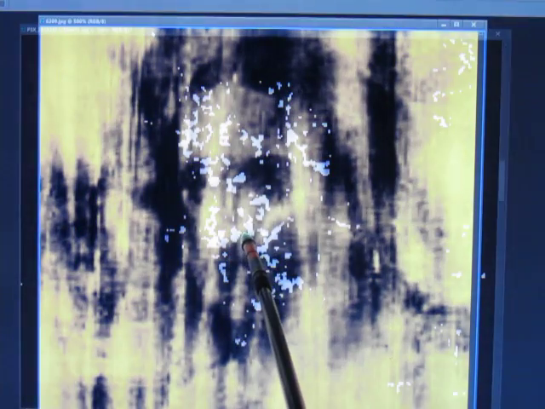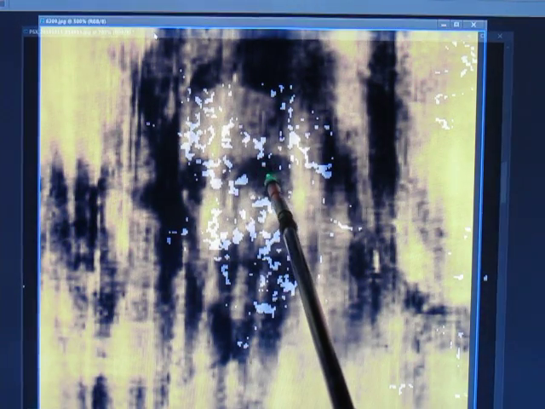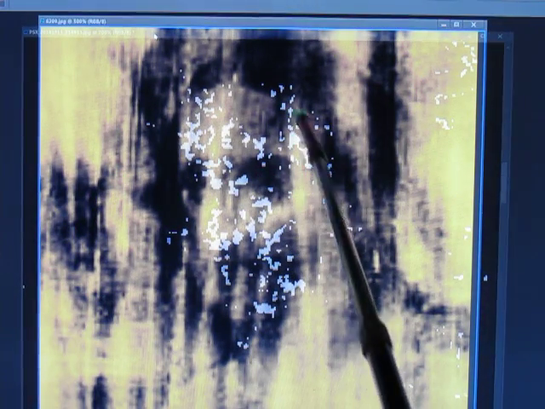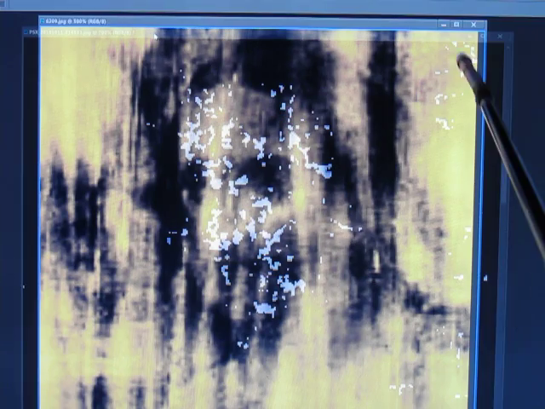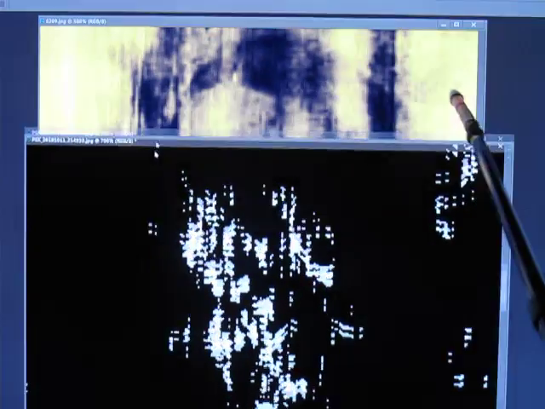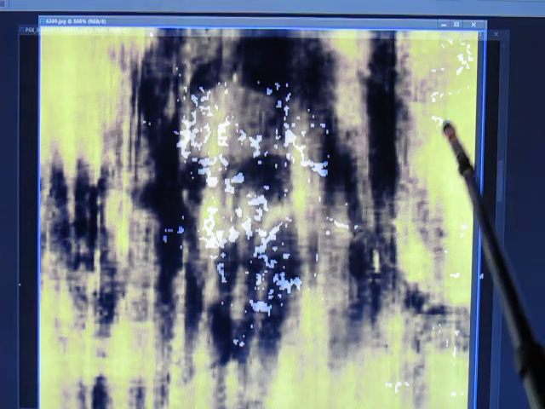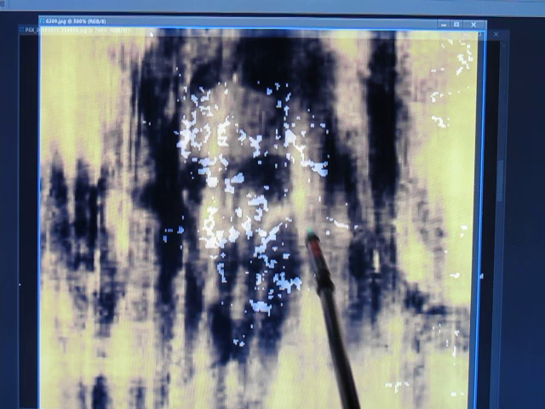Also, if you take a look, you'll see that not only does that fit, you'll also see the lines coinciding. You also see these lines over here coinciding with the outside image, which I'm not sure what that is, but I do believe it's another face looking the other way.